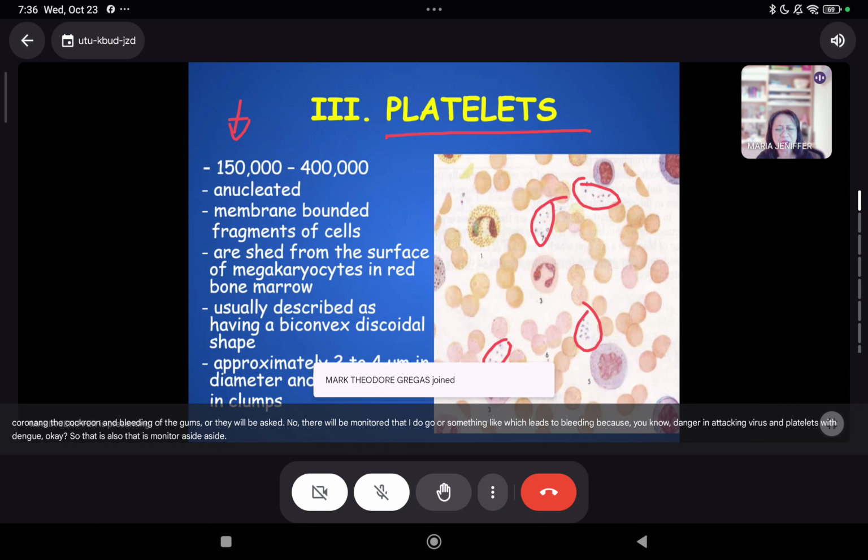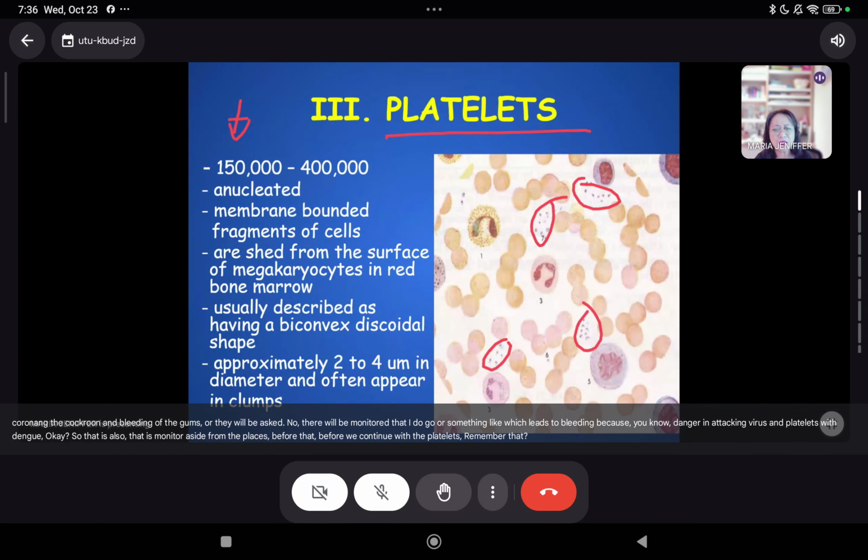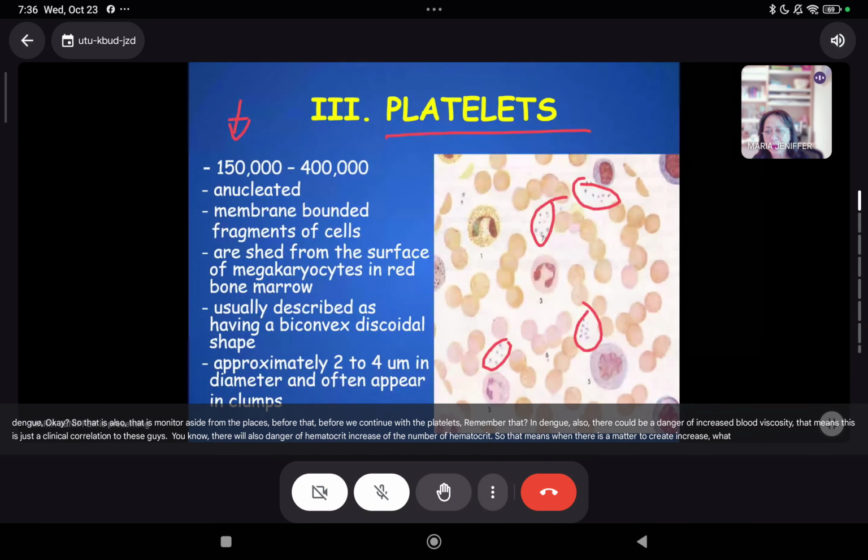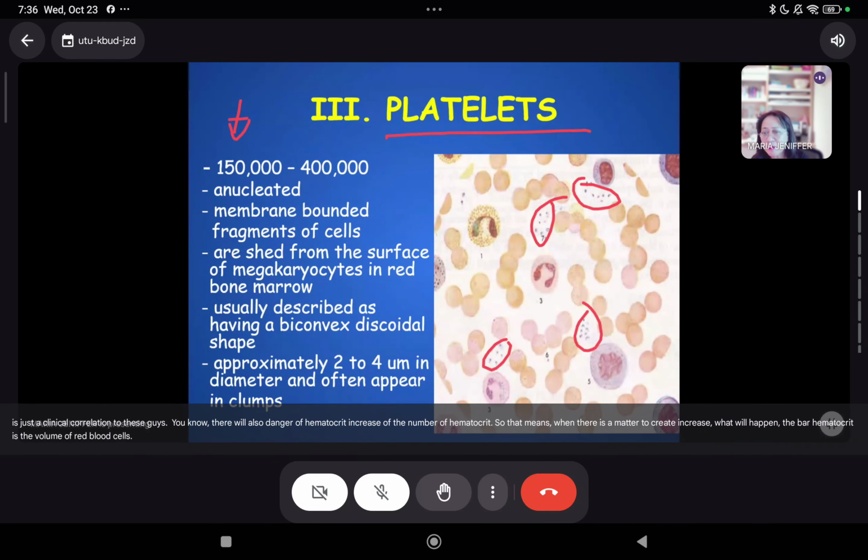Aside from the platelets, before we continue with the platelets, remember that in dengue also, there could be a danger of increased blood viscosity. This is just a clinical correlation to this, guys, no? Para lang maunawaan ninyo. There is also a danger of increase in the hematocrit. So when there is hematocrit increase, what will happen? Di ba, hematocrit is the volume of red blood cells.